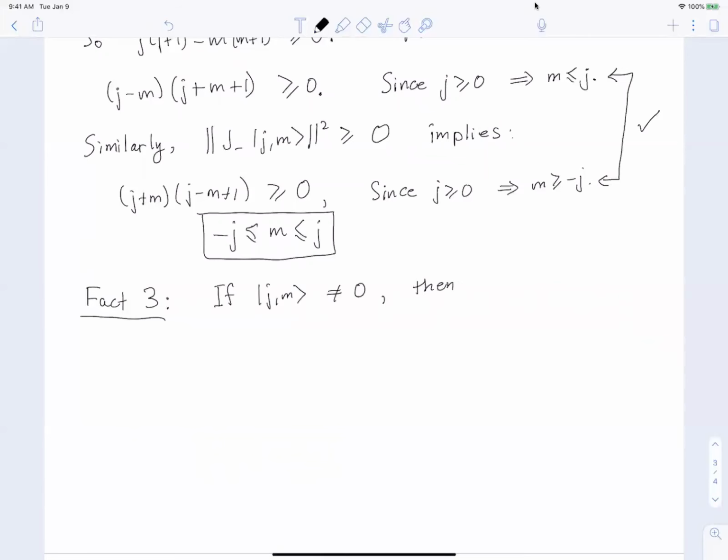Then, if I compute j minus acting on that thing, that will be null if and only if m was minus j.